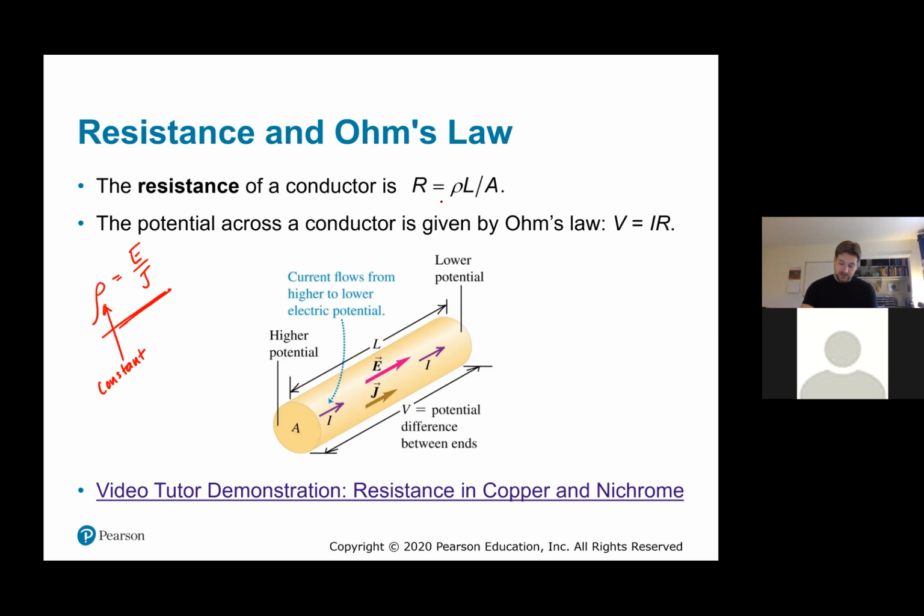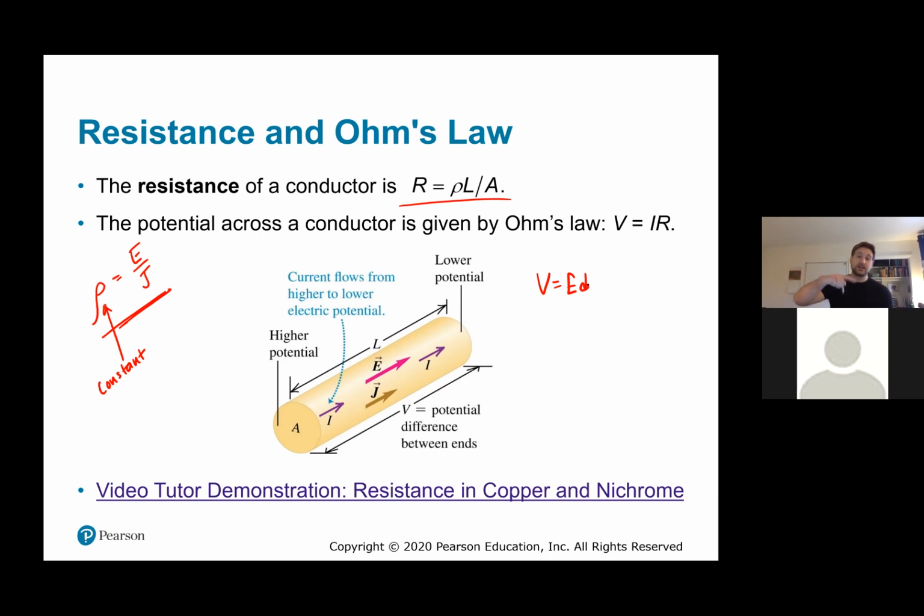So what is this? Well, hold on. The electric field along a conductor is related to the line integral of the electric field.